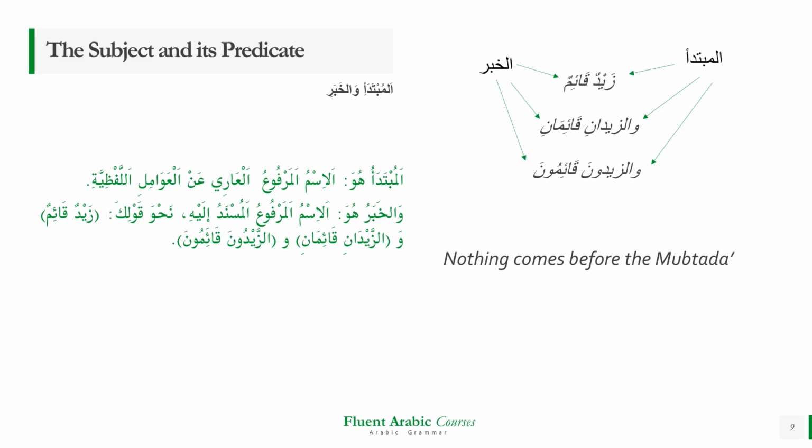This basically means that the Mubtada comes at the beginning of the sentence and there is no element influencing the Mubtada, like the particle of inna before it. If the particle of inna or kana or dhanna comes before the Mubtada, then the noun is not a Mubtada, but it becomes the ism of inna or the ism of kana, the ism of dhanna, and so on.